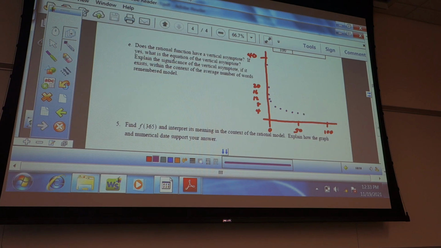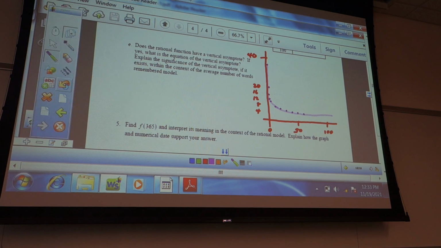So it looks like what we're doing is we're getting closer and closer to this line. So we start off here and nothing happens for a long time, and then we drop really quickly, and then we sort of taper off, and then we're maintaining at this level.